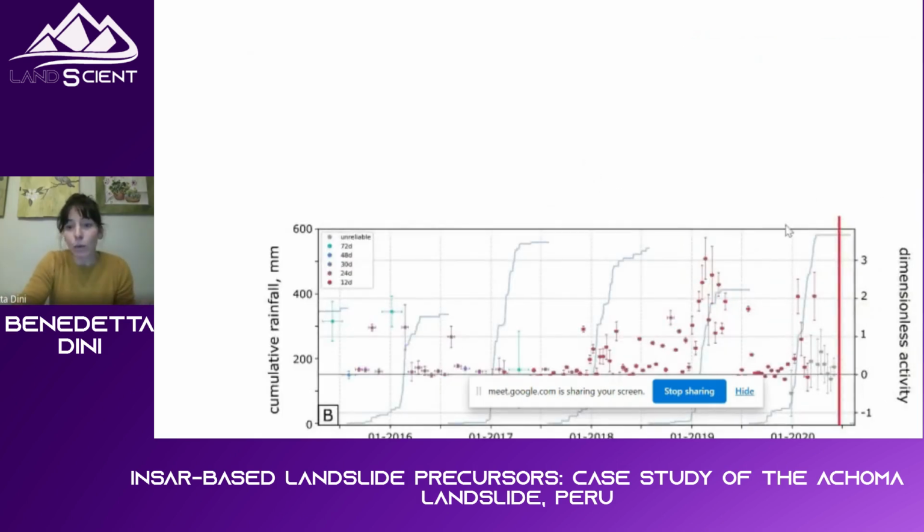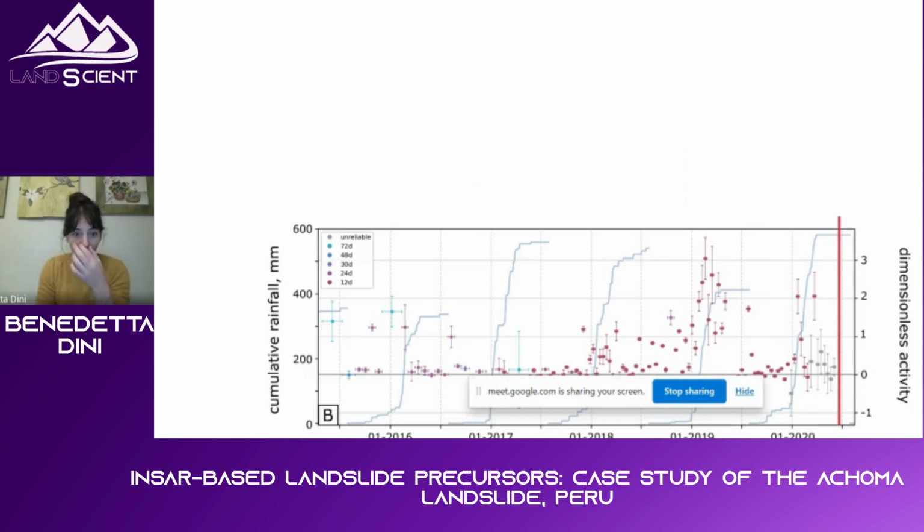And then we did another thing. I will not go into the details of the method, but we devised a method that is simple in a conceptual sense to try to extract a dimensionless activity quantity directly from the wrapped phase, without going into all the processing steps that are required for the classic time series generation.